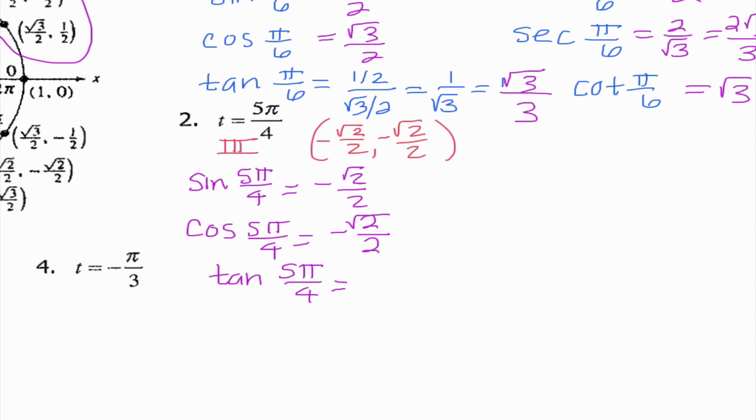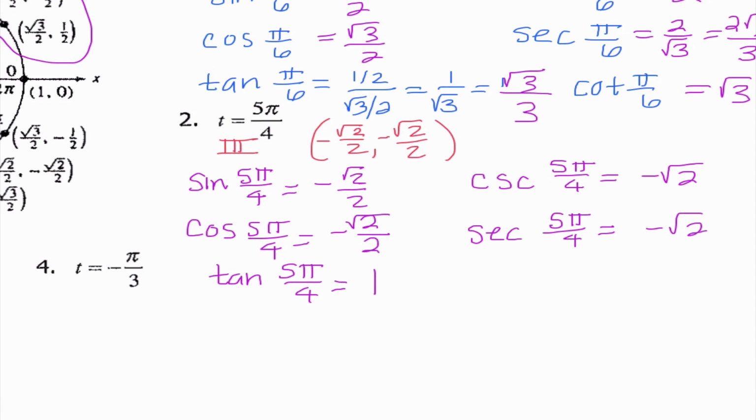When I put anything over itself, it is equal to 1. Cosecant of 5 pi over 4, the reciprocal of negative radical 2 over 2, is just negative radical 2. Secant of 5 pi over 4 is negative radical 2. And cotangent of 5 pi over 4 is going to be the reciprocal of 1, which is 1.